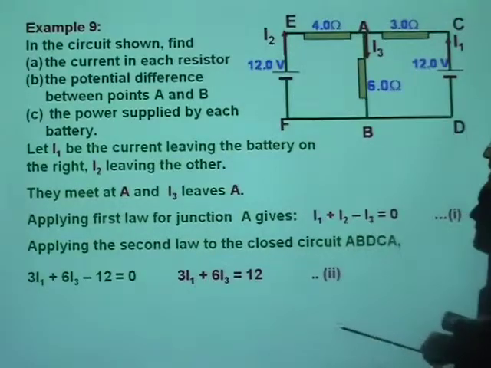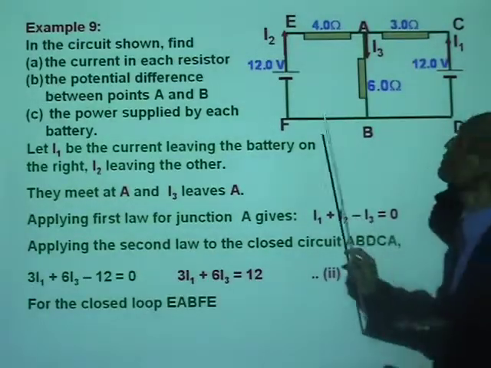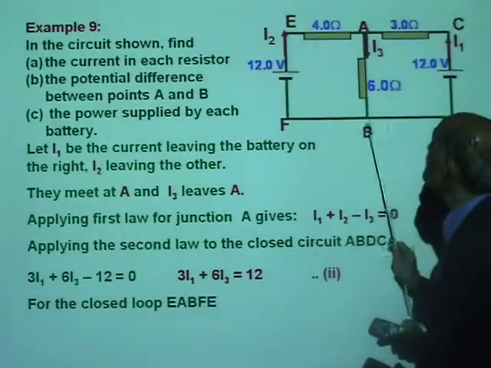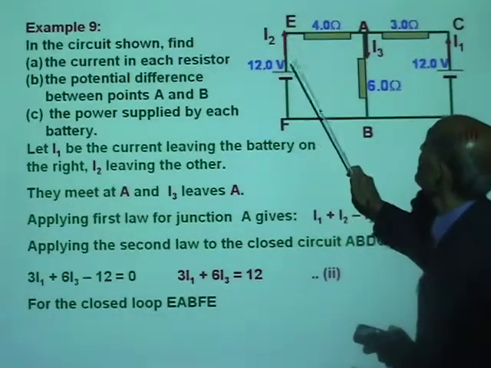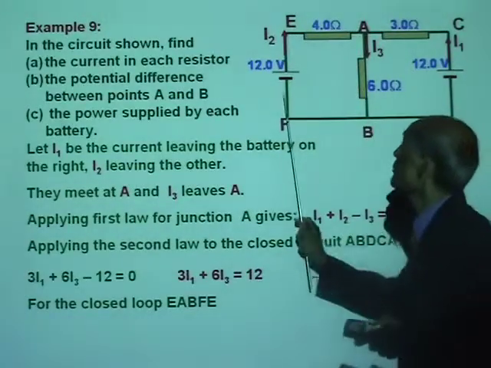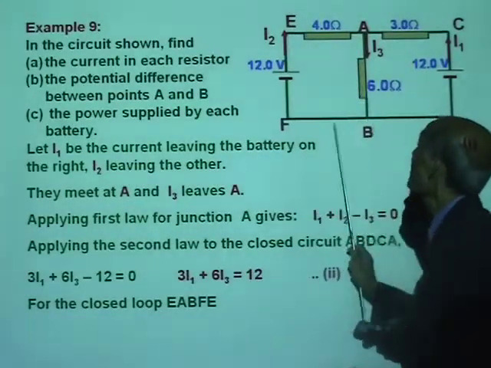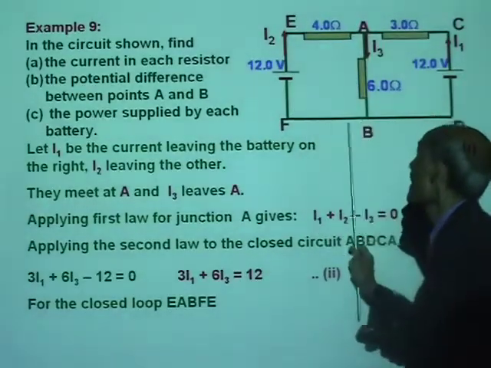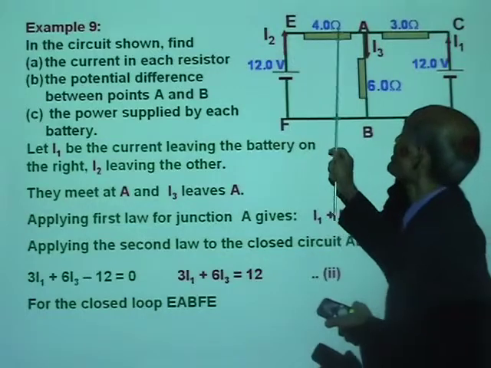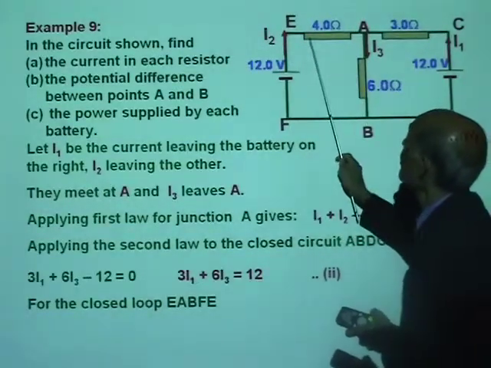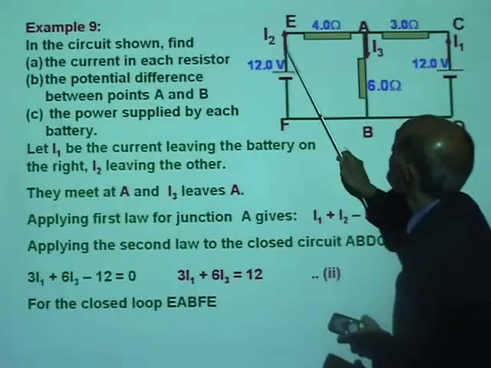Now produce a third equation. Which loop will you take? Let's take EABFA. Look at the way this time I chose the loop to go clockwise. Now it's convenient for me because look at the way I2 and I3 are in the same direction. That means the potential drop across the 4 ohm is 4I2.